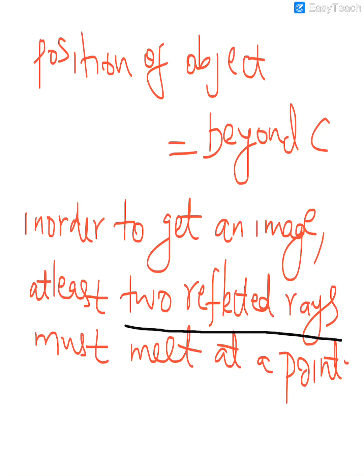So first let us write the position of image, where the image is formed. Position of object is beyond C, and what is the position of image? These are the things you must write in all the cases: position of object, position of image, size of object, size of image, then nature of image. So position of image is, where is the position?